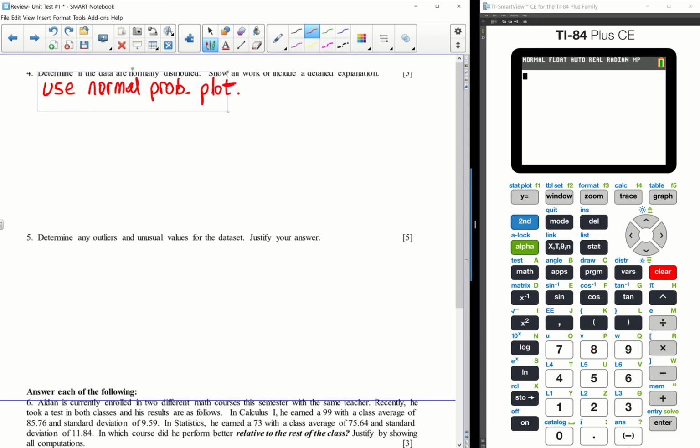The other option would be to use the empirical rule. My sense is that that's not what you want to do, because if you were to do that, you would probably run out of room here. So why not just do it this way?